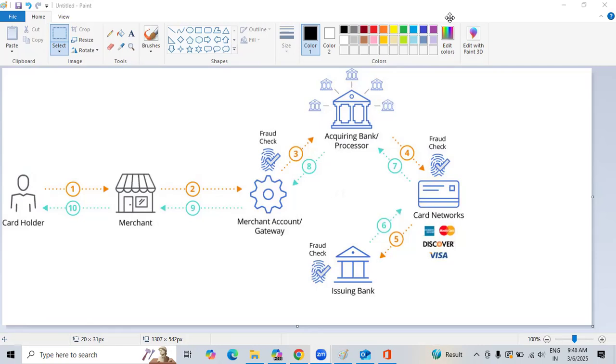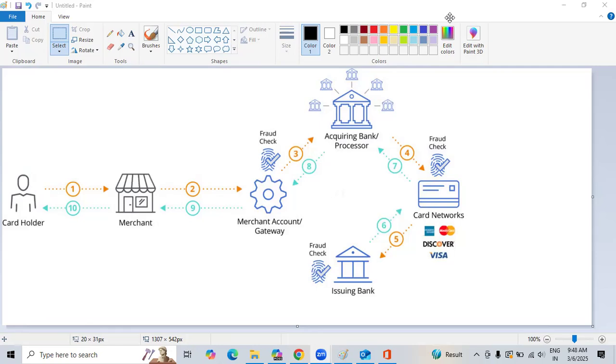This is how generally the payment process works, how the transactions take place, and how the digital payment transaction process is taken into consideration. This is what we need to know.